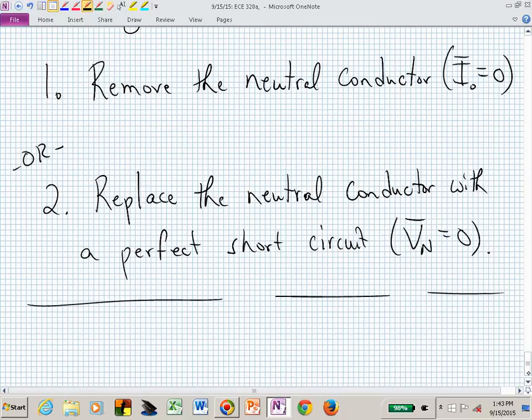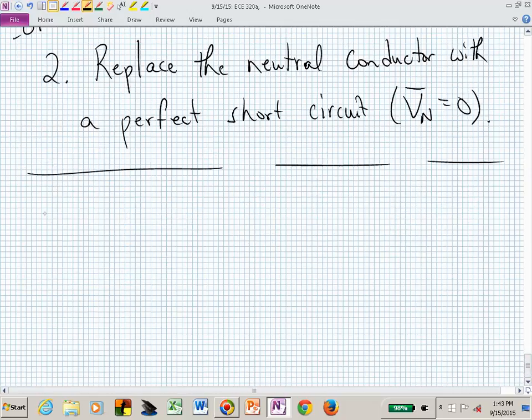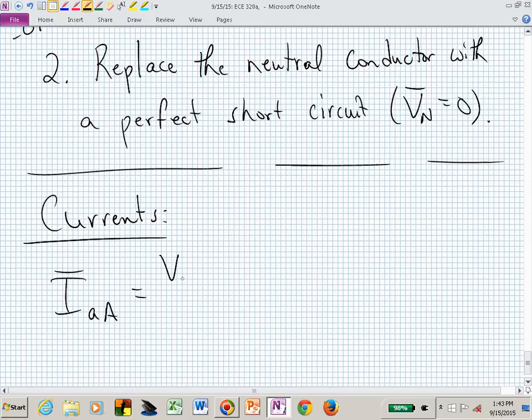Now that we know all of that, can we say anything about the currents in that circuit? What is I sub A? What is I sub little a big A? That was V sub A prime N minus V sub N over Z sub phi. We just said that V sub N was 0, so this is now V sub A prime N over Z sub phi.